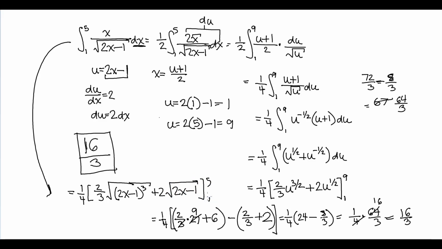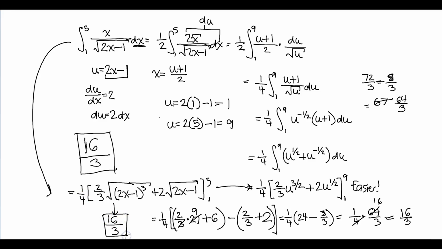Compare this with this. So this is usually easier. It's a lot more efficient. So it's usually efficient to convert the limits of integration to their u forms. And if you were to evaluate this, and if you're good at not making silly mistakes like I almost did, you would get 16/3 as well.